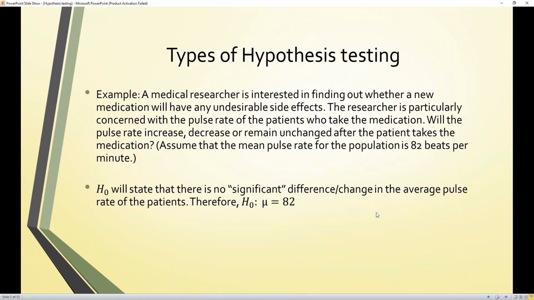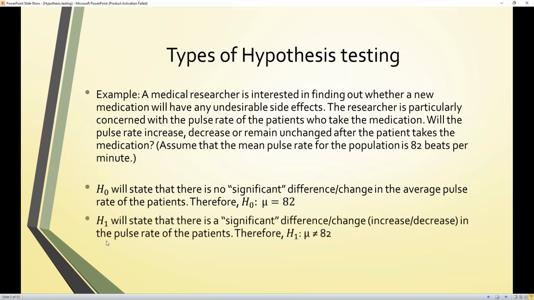So if the tests show that there is no significant difference between the test results and the known average, which is 82 beats per minute, then we can say that there is no significant difference.